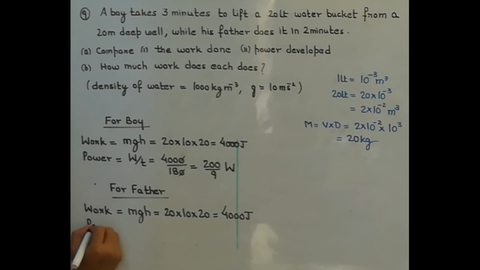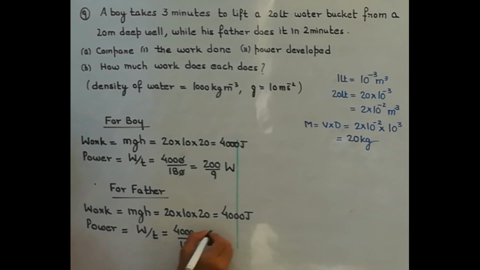Then the power developed is work upon time. How much time does the father take? 2 minutes, so 4000 upon 120. This is the power developed by the father. Hope this part is clear to you up to here. We have calculated the work done by the boy, the work done by the father, and the power developed by each.